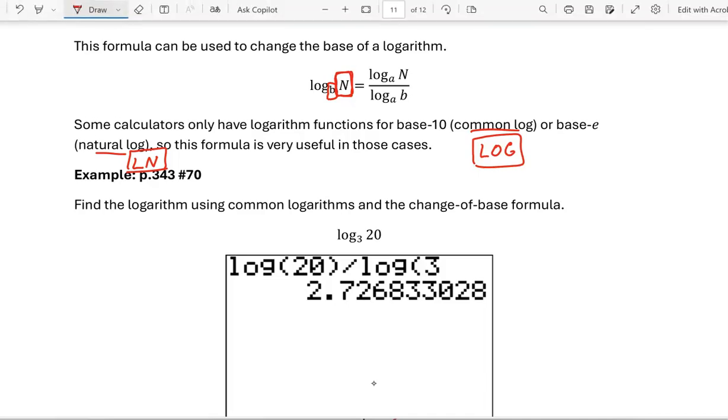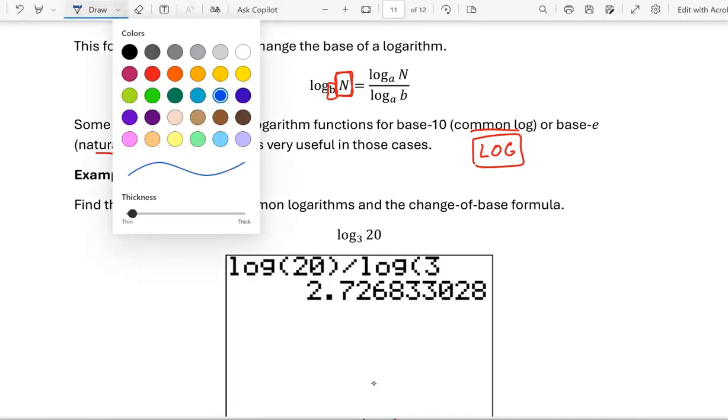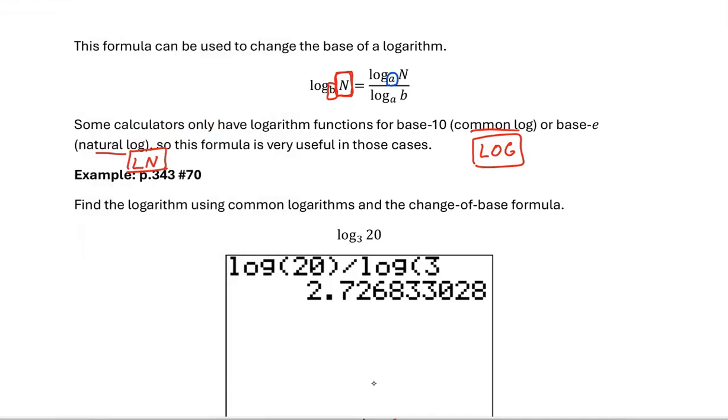Notice up here, now this is an a instead of a b, so this is a different number. This is whatever your desired base is. You're doing log of a different base number, and you do the log of the big N number on top, and then log of the original base number on the bottom. The little base number goes on the bottom.